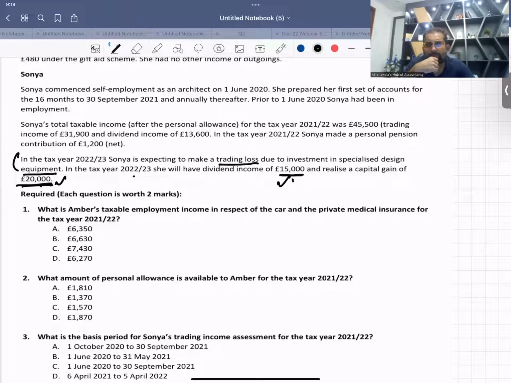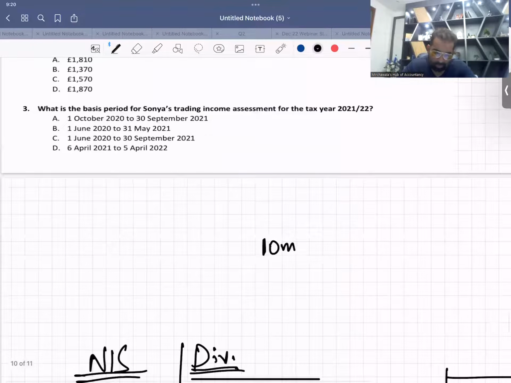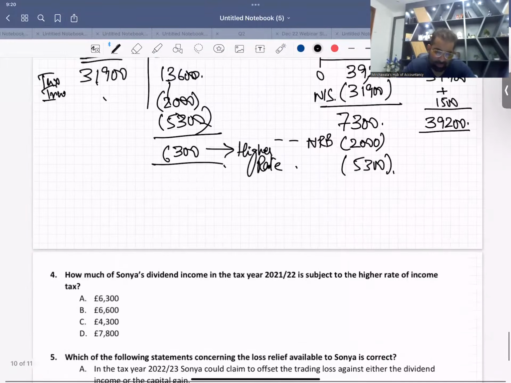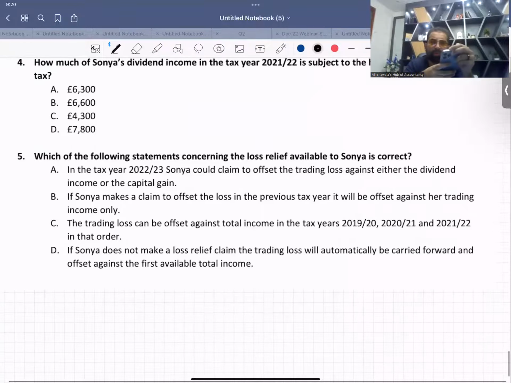They have not given the amount. These two incomes will be in the same fiscal year: 15,000 and a 20,000 gain. Now read the question. Read the requirement. I'm giving you 2 or 3 minutes. Write in the chat box, please.